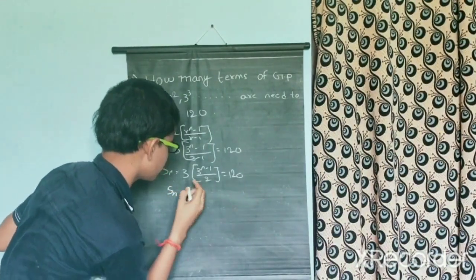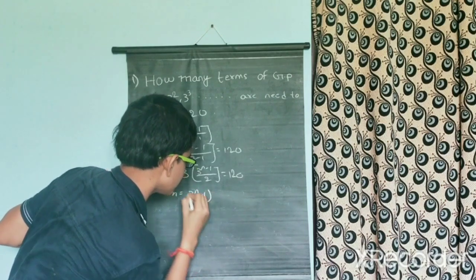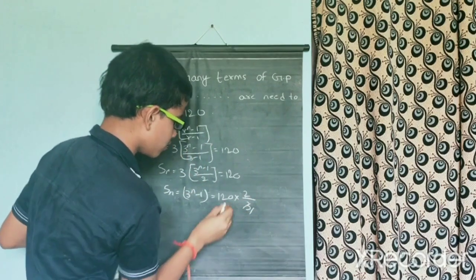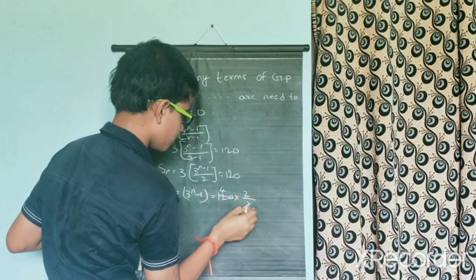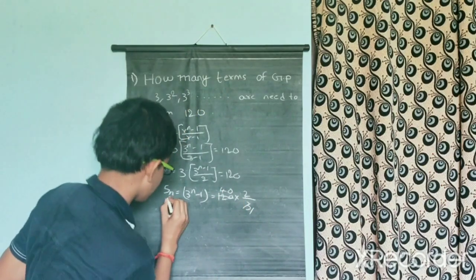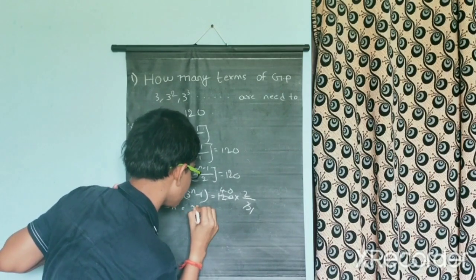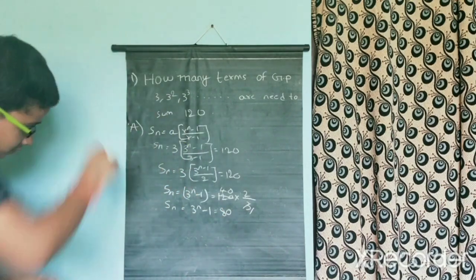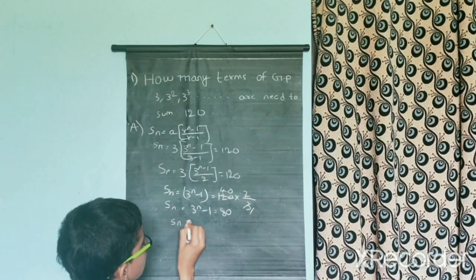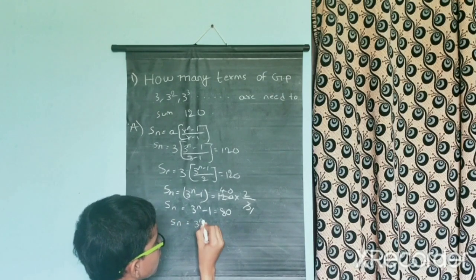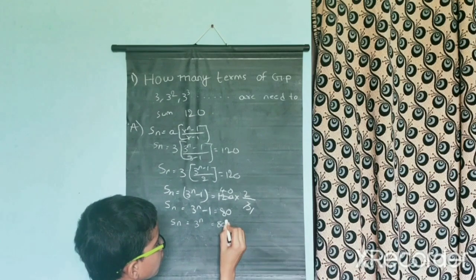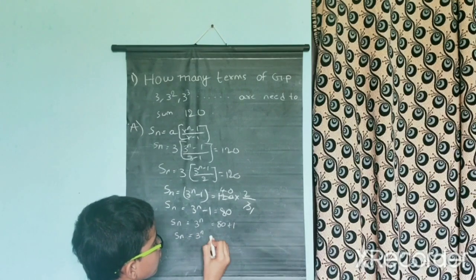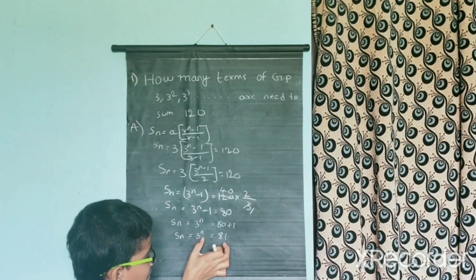So 3 power n minus 1 equals 120 into 2 by 3, which is 80. So 3 power n equals 81. Here the bases are equal.